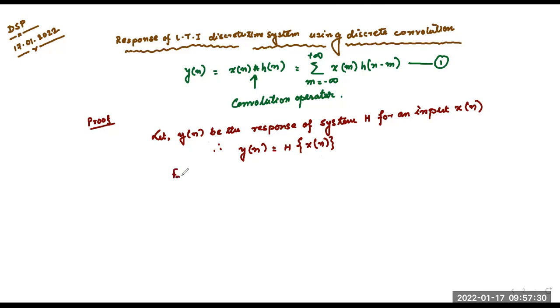So from equation 1, we know that the signal x[n] can be expressed as a summation of impulses. This is equation number 2.